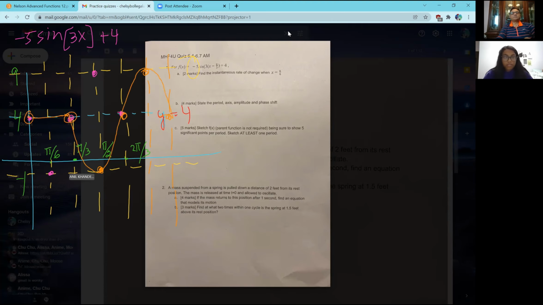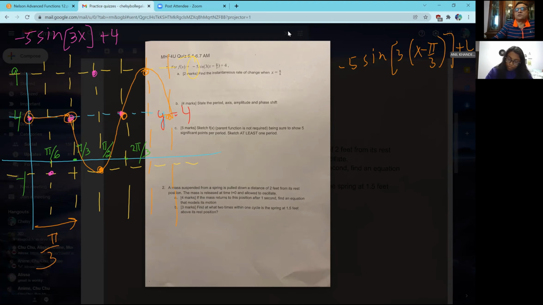Okay, so we shifted pi by 3 to the right. So this becomes my final equation, which is minus 5 sine of 3x minus pi by 3, plus 4. So that is what I call the two-step method.